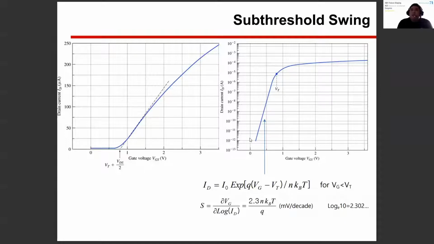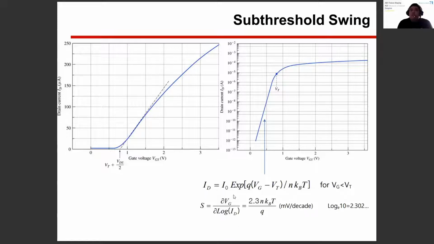This tells how much these transistors can control the current when the gate is not turned on, to be honest, how much it can cut the current.